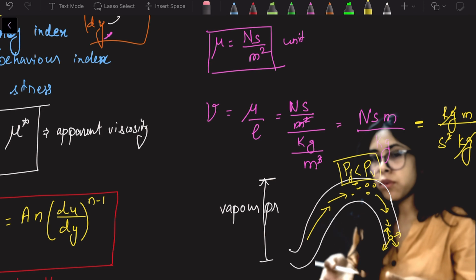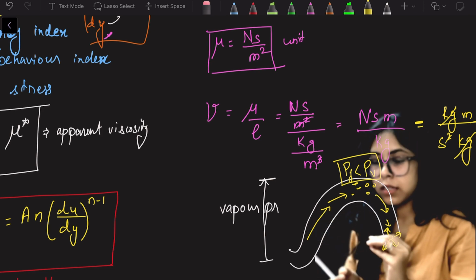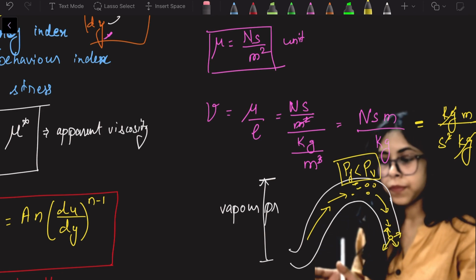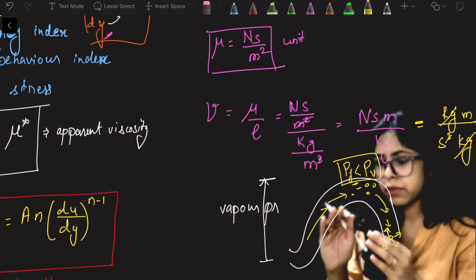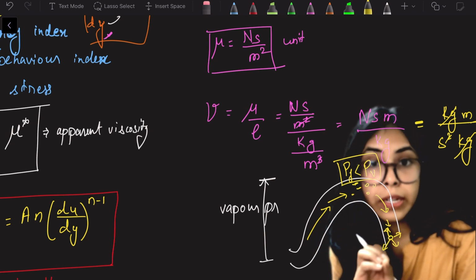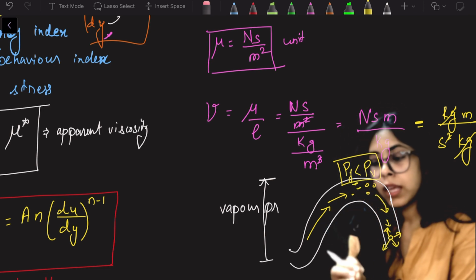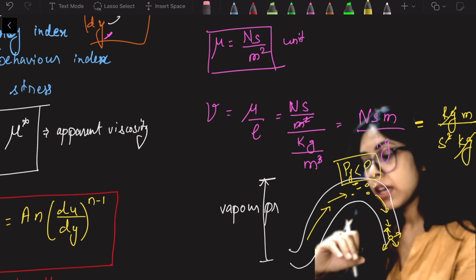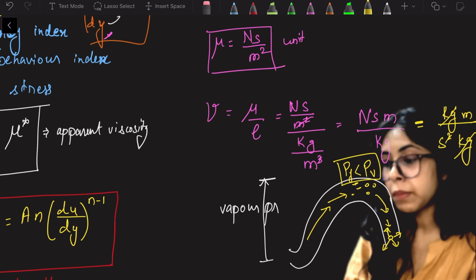This whole phenomenon is known as cavitation. Due to this, there is rusting and bubble marks on the inner wall, and the inner wall of the pipe will be damaged. So cavitation should not happen in any pipe. For that, we must ensure that the liquid pressure at any point must be greater than the vapor pressure.